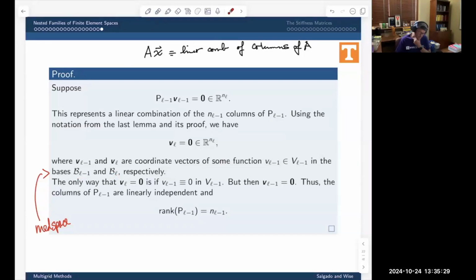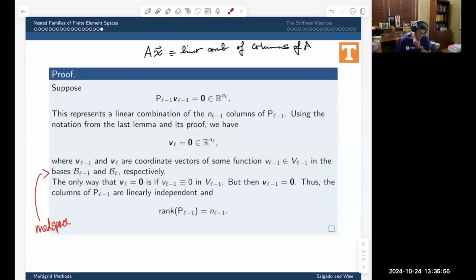That the only way that this vector can be equal to 0 is if this function is equal to 0, right? Whether it's expressed in this function space or the function space V_L. The only way that this can be equal to 0 is if all of its coordinates are equal to 0.